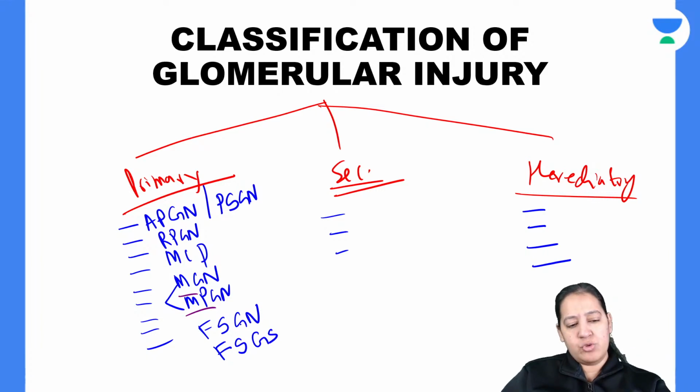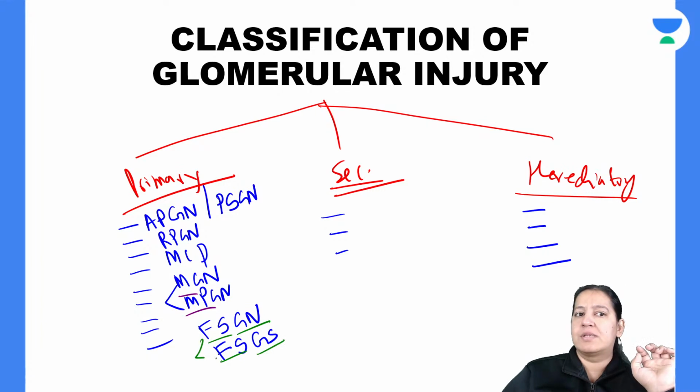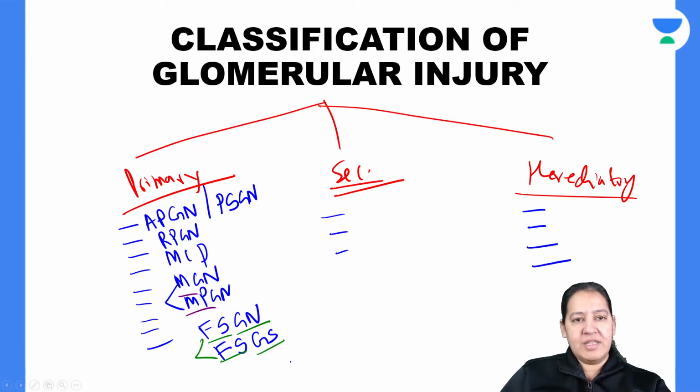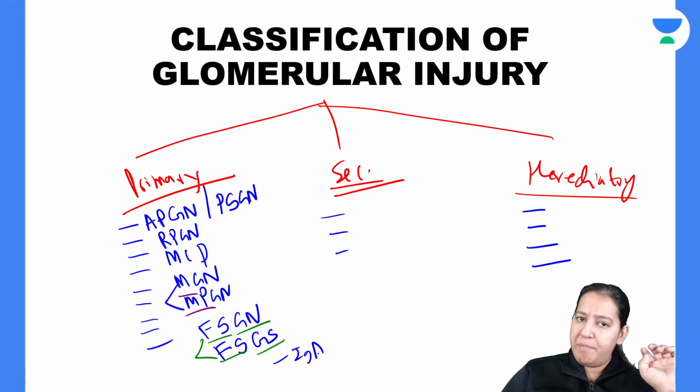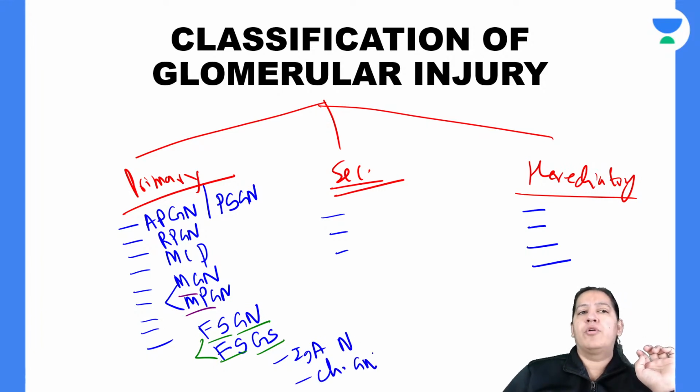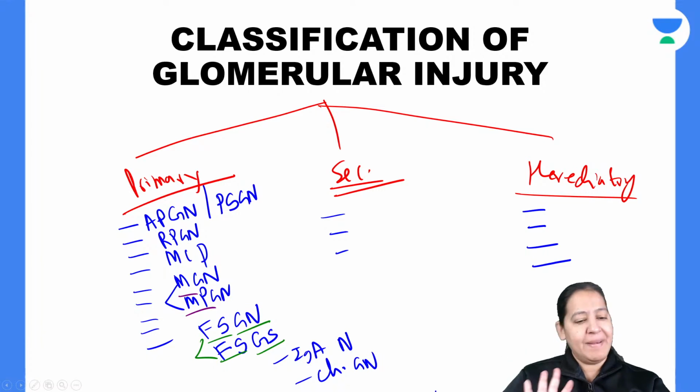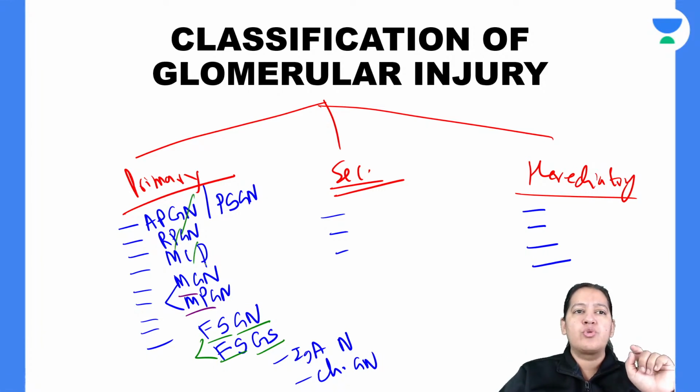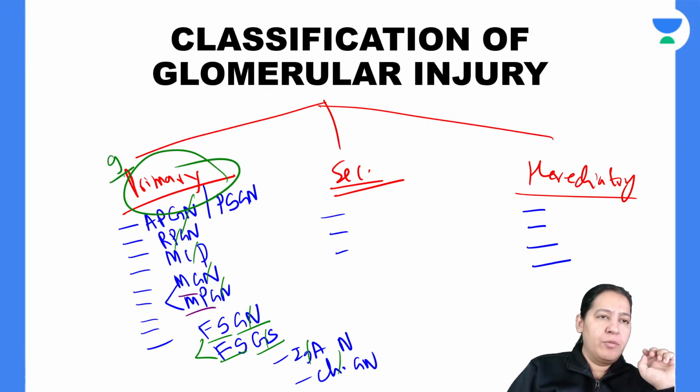And after that two more: IgA nephropathy, Berger's disease, and the last one, chronic glomerulonephritis. Count them. They are 9. Total 9 primary glomerulonephritis are there.